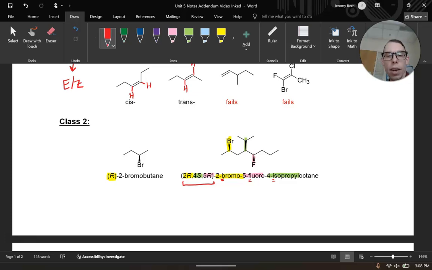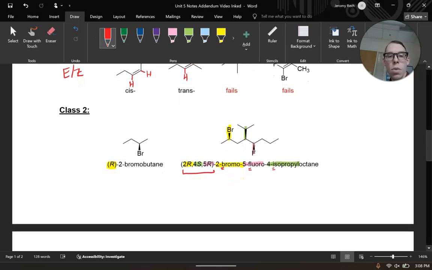So the carbon that has the bromo off it is R, the carbon that has the isopropyl off of it is S, and then the carbon that has the fluoro off of it is R. So we list all of that there, where it's 2R, 4S, 5R, all in brackets, no spaces, and then a hyphen as we go into the rest of our description. So you calculate your R's and S's per normal, and then just put that in parentheses all at the beginning.